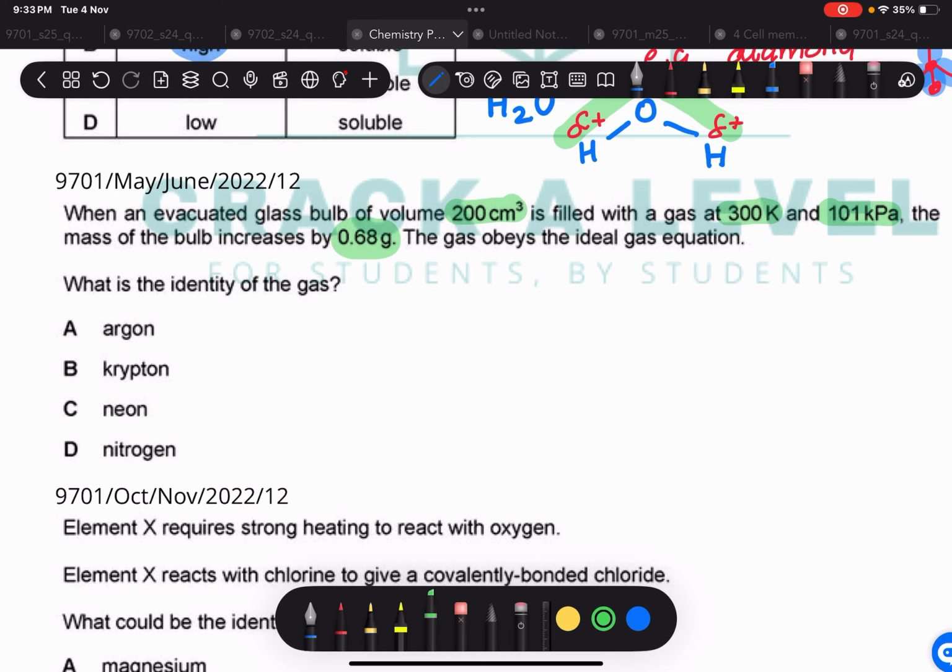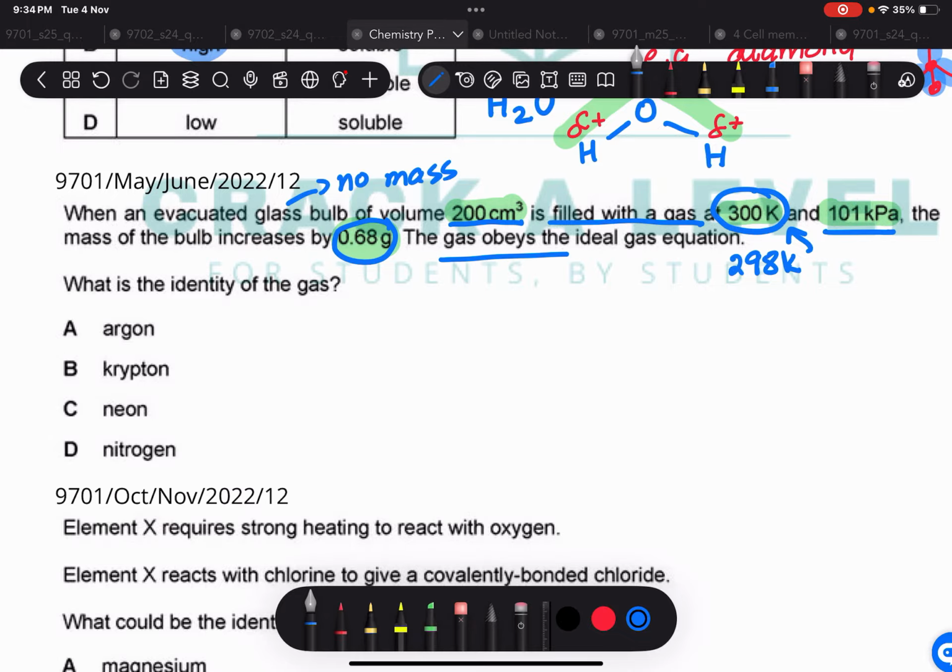Initially we're dealing with an evacuated bulb that has no mass, and then we filled it with a gas. The temperature is slightly above room temperature, just 2 Kelvin above 298 Kelvin, and this was the pressure, and the mass increased by this.